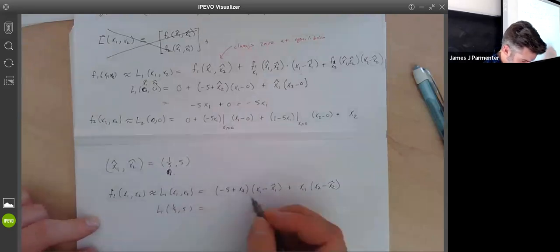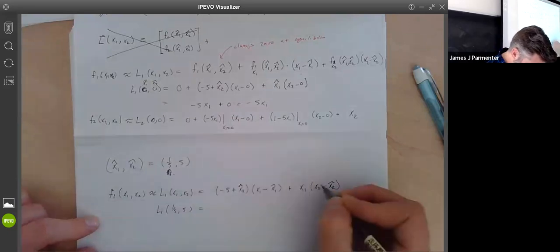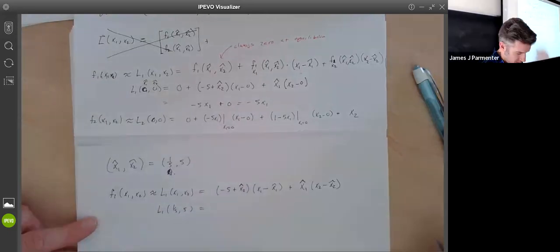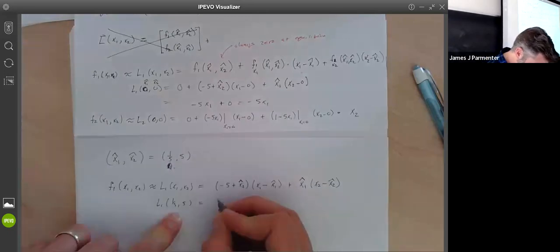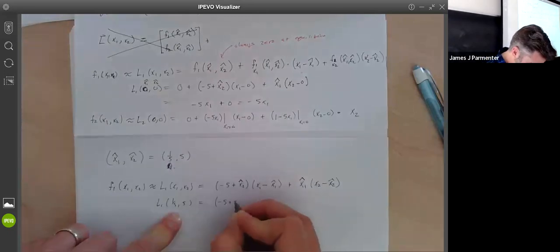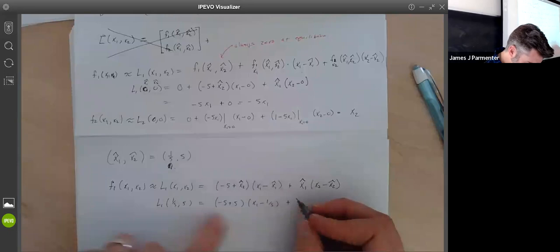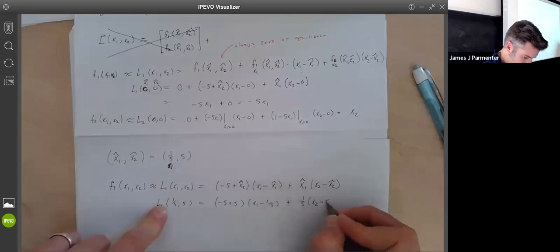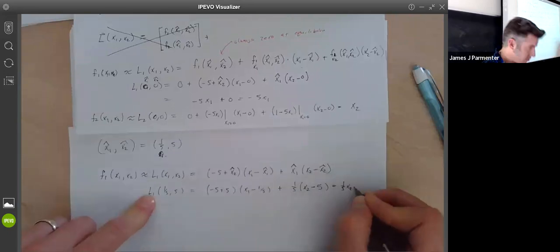I guess this should actually be a hat here, and this should be a hat here, because we're evaluating the partials at the point. This notation is not my favorite. Okay, so then we're going to get -5 plus 5. Doesn't really matter what the rest of this is. And then plus 1/5 times x2 minus 5, which ends up being 1/5 x2 minus 1.